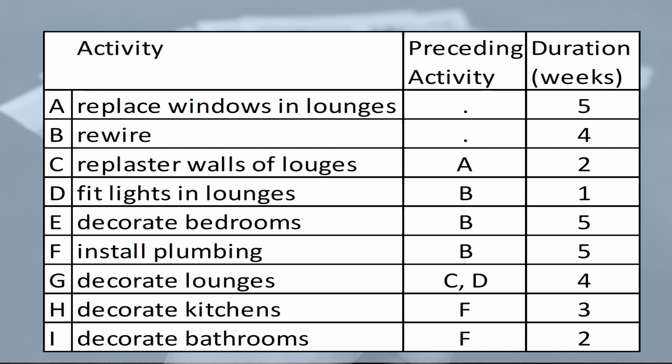We've labeled these A, B, C, D, E, F, G, H, and I. To replace the windows in the lounge is going to take 4 weeks, and to rewire the house is going to take 4 weeks. Replastering the walls of the lounge, C, is going to take 2 weeks. So we can see the duration in weeks that each activity is going to take.